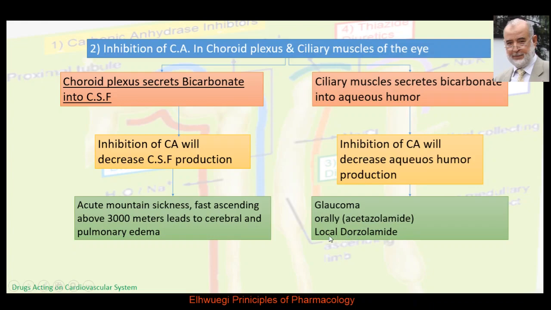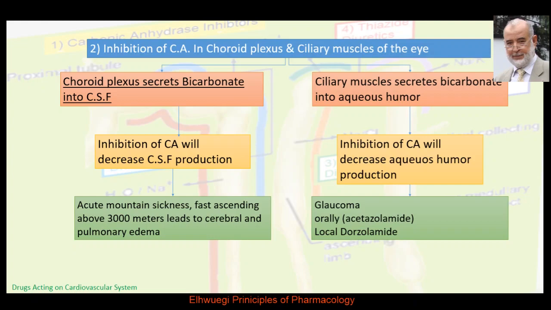And there are local carbonic anhydrase inhibitors like dorzolamide. Dorzolamide is given only locally as eye drops. So this is the information related to carbonic anhydrase.